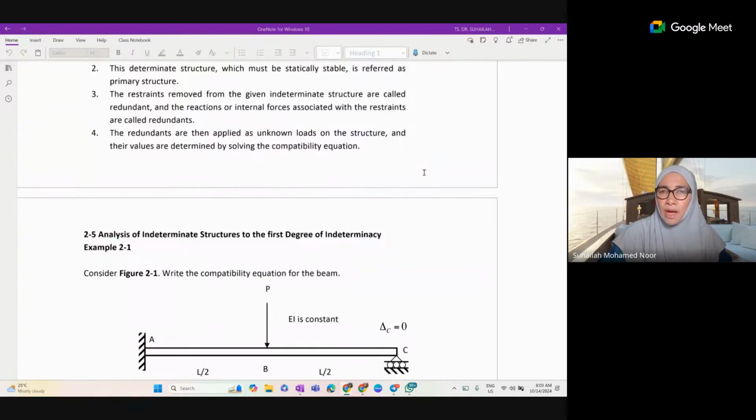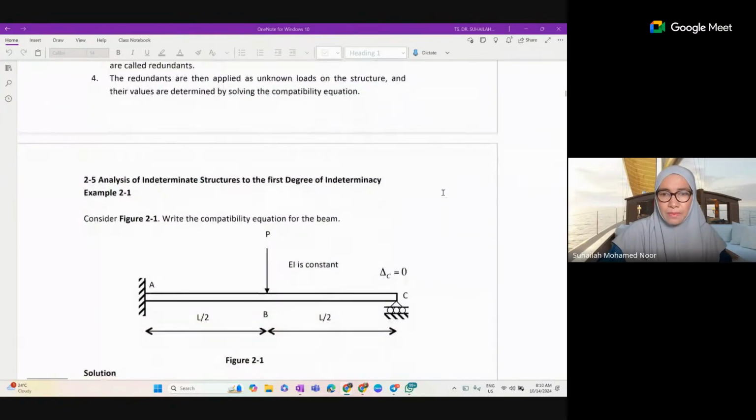That is why we have to use the flexibility method, and the redundant we determine by solving the compatibility equation. The compatibility equation is actually derived from the principle of superposition.